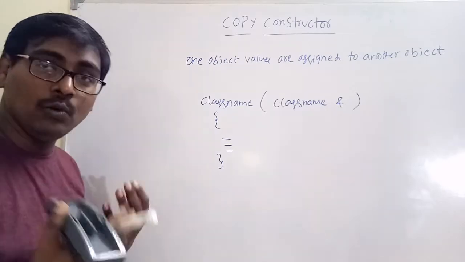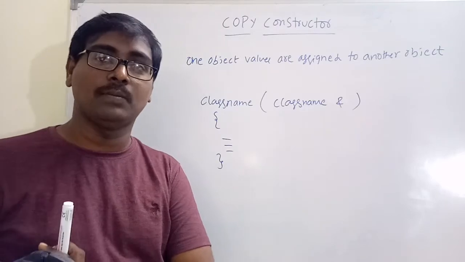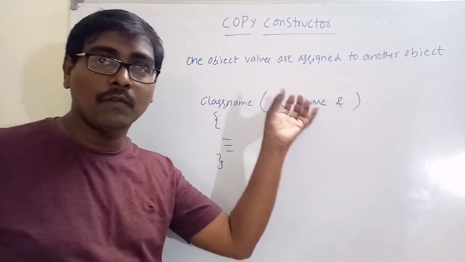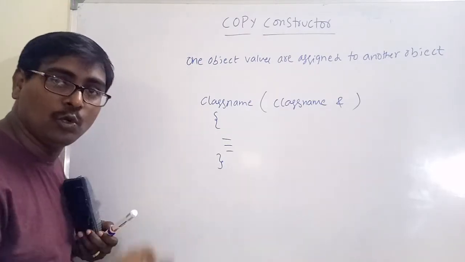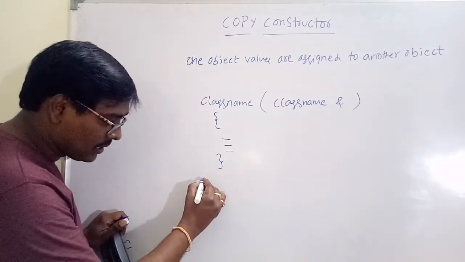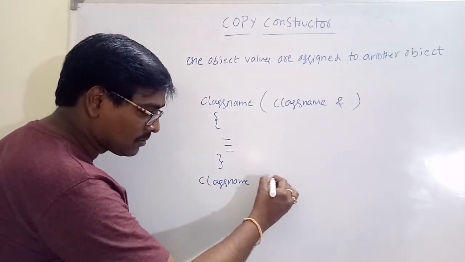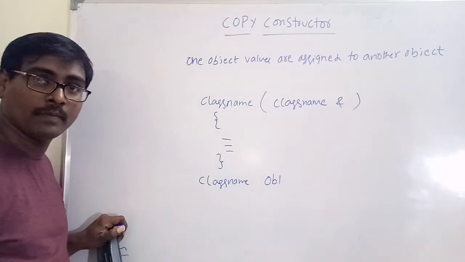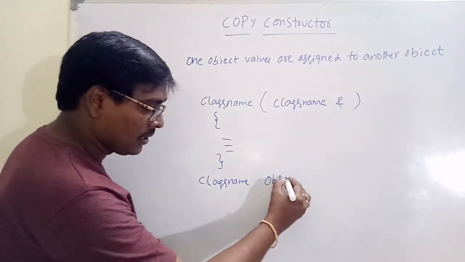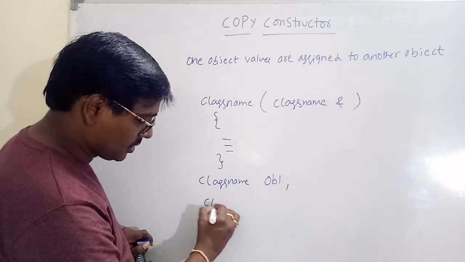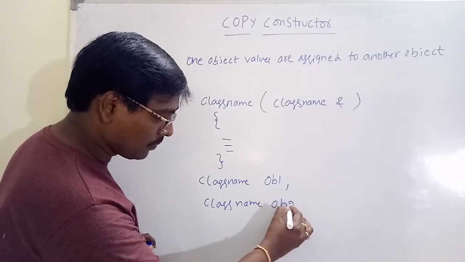Now, how to initialize one object's values with another object? For that purpose, we are using two ways. One is simply class name, space, object 1. Suppose class name object 2.